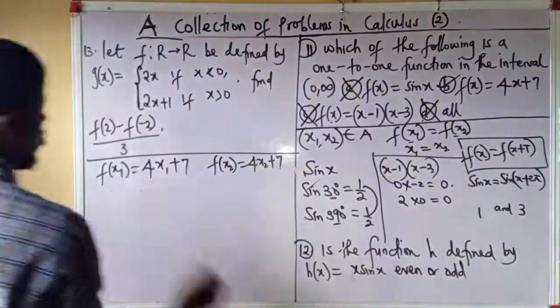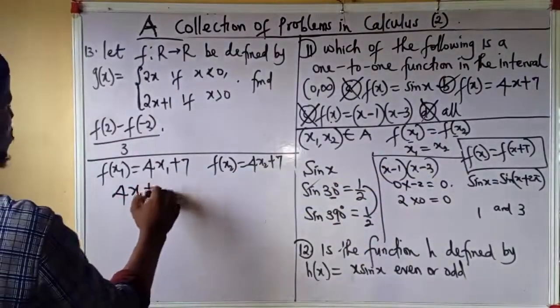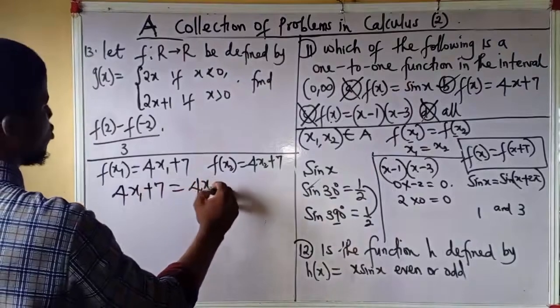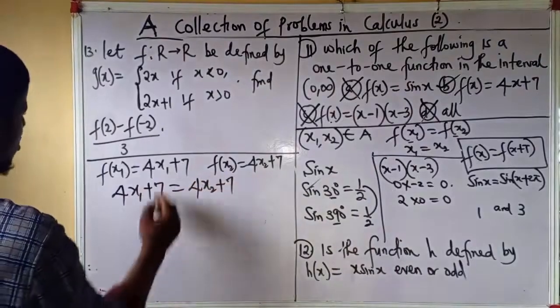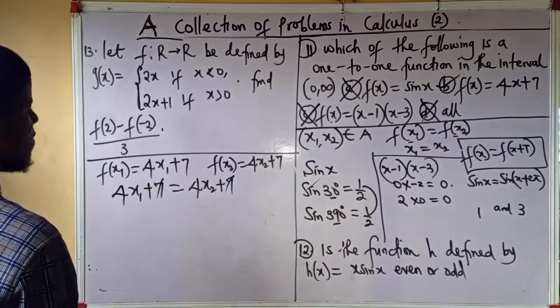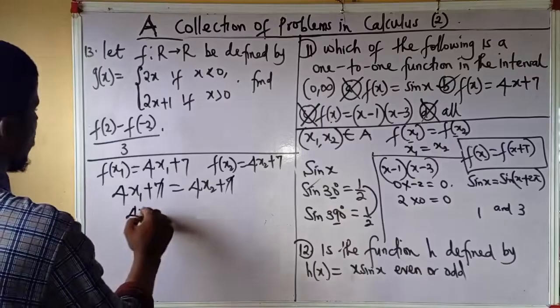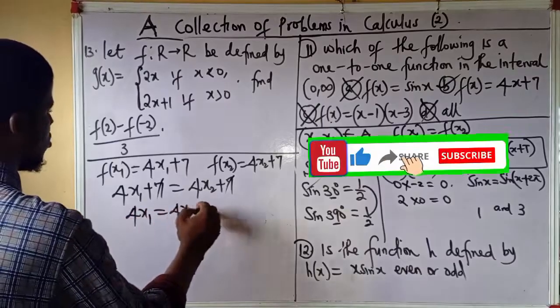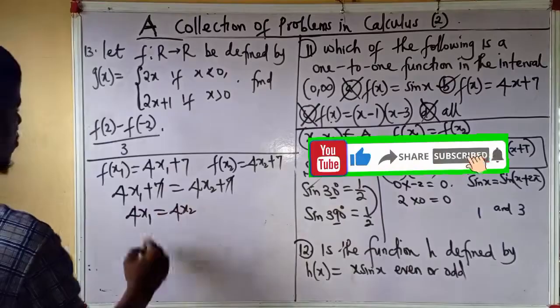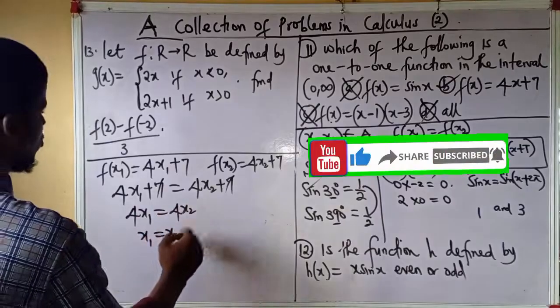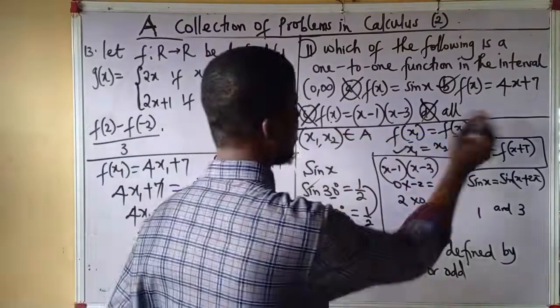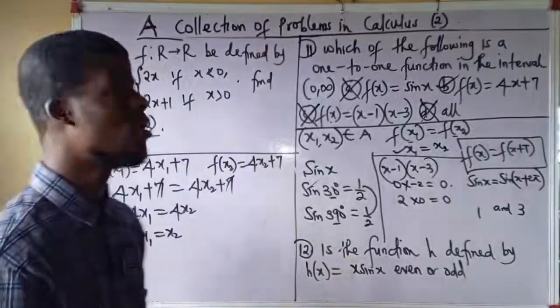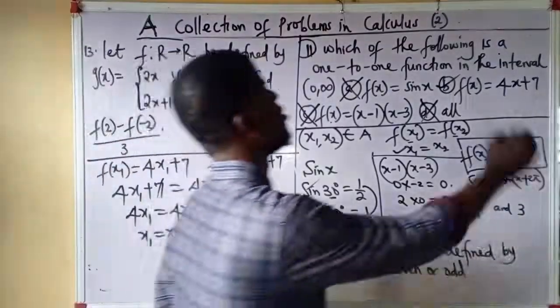I will be saying 4x1 plus 7 equals 4x2 plus 7. 7 cancels 7, since they have the same sign, and I'll be left with 4x1 equal to 4x2. Divide both sides by 4, x1 equals x2. And that is what is satisfied. So it means that the function is injective. So this is the answer.